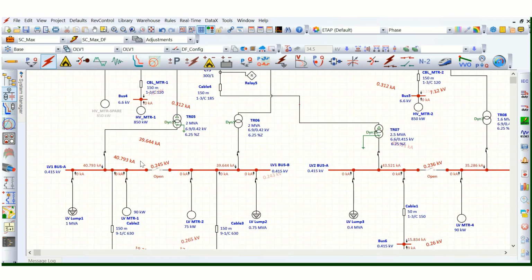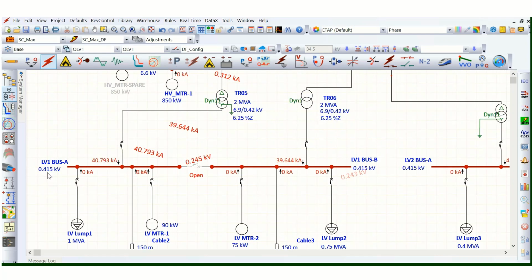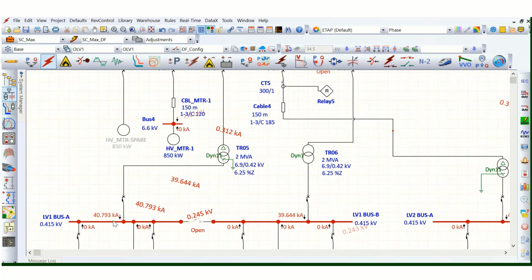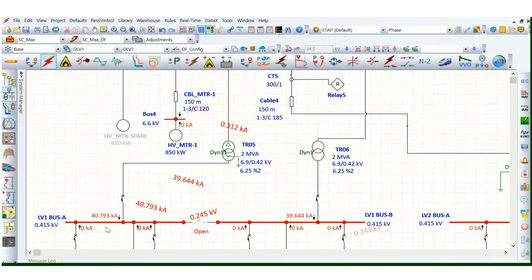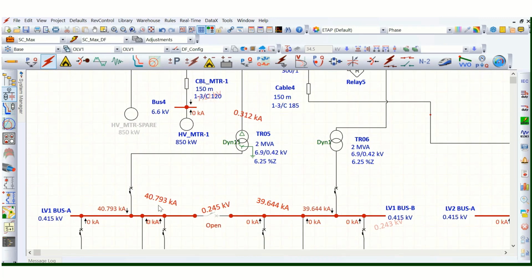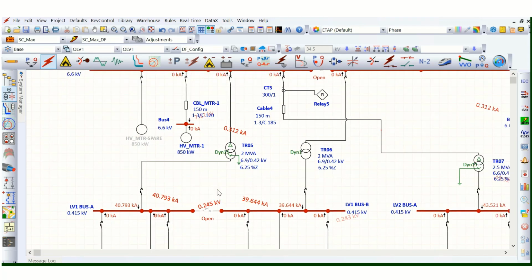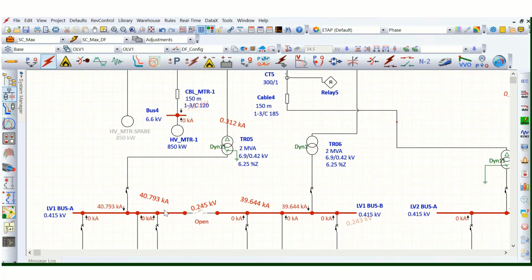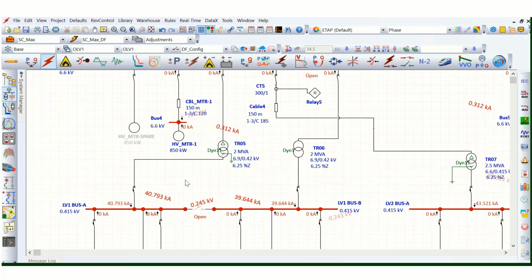Okay, so let's check the LV system as well at the 415 volt level. At 415 volt level, as you can see here, this is 40.793 kiloamps, and for bus B, it is 39.64 kiloamps, so almost 40 kiloamps for bus A and bus B. Why?